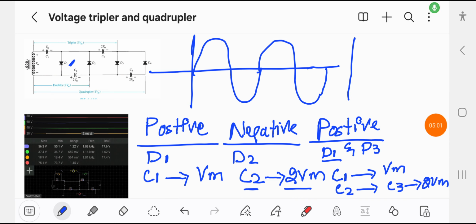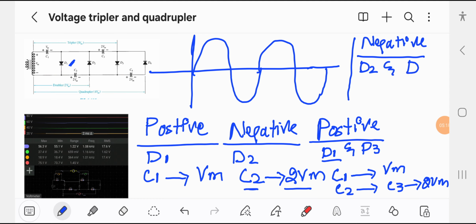Now during the next negative pulse, what happened? D2 and D4 will start conducting.